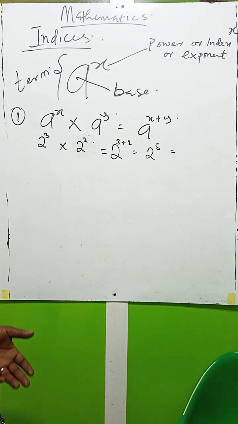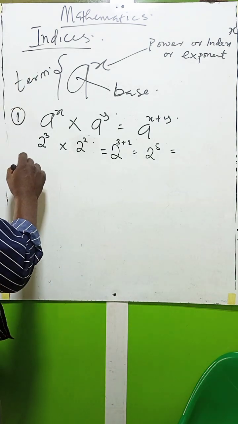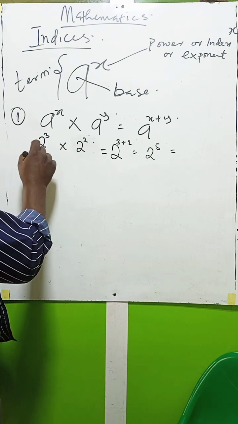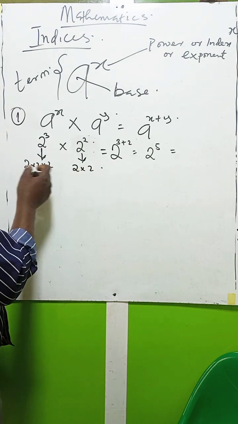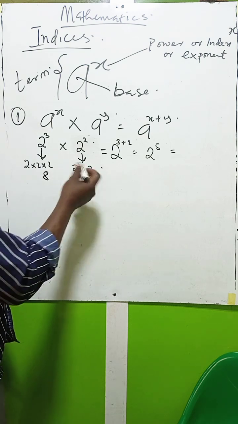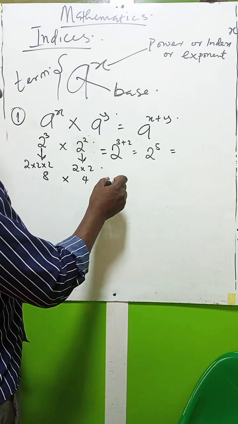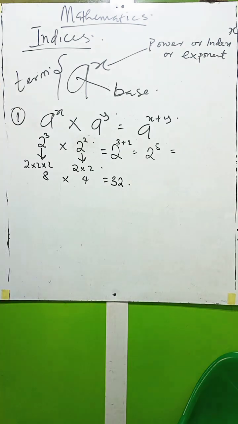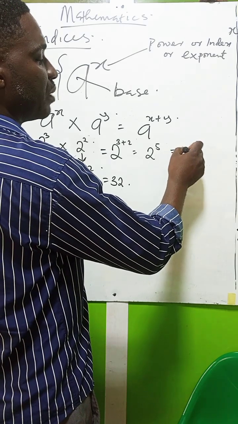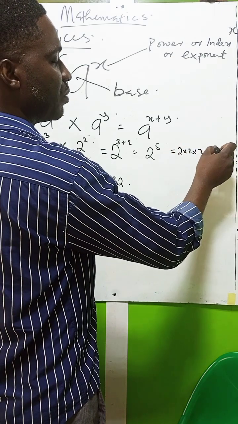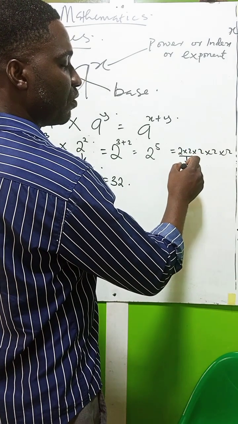Now, normally, if we are to solve this arithmetically, saying 2 times 2 times 2, which is 2 raised to power 3, then 2 raised to power 2, 2 times 2. This gives us 8. This gives us 4. 8 times 4 will give us what? 32. Now, what's 2 raised to power 5? 2 raised to power 5 is 2 times 2 times 2 times 2 times 2. 2 times 2 will give us 4.